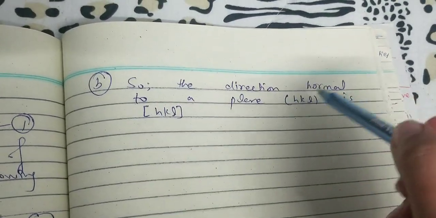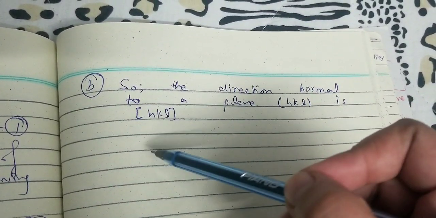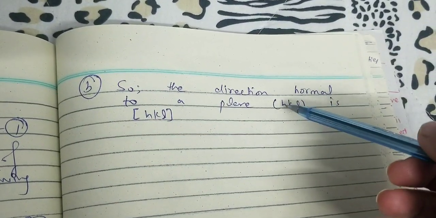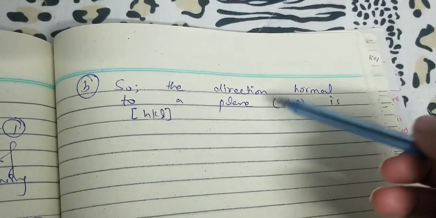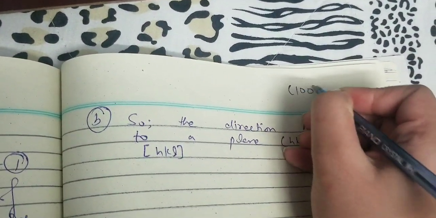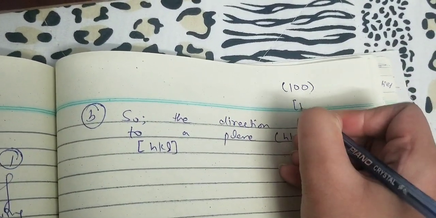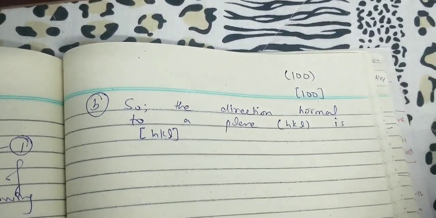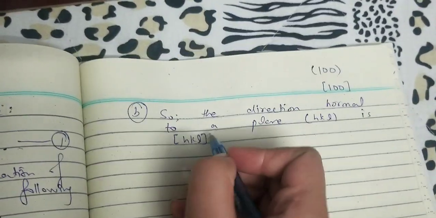So a direction with the same Miller indices will be perpendicular to the plane with those Miller indices. For example, if we have the plane 100, then the direction 100 will be perpendicular to this plane.